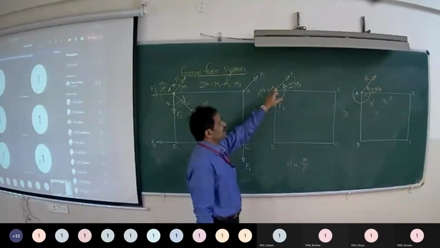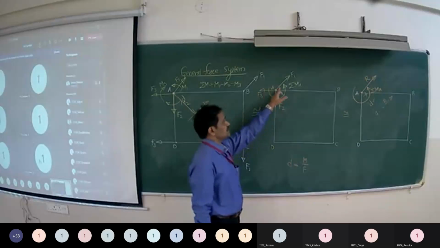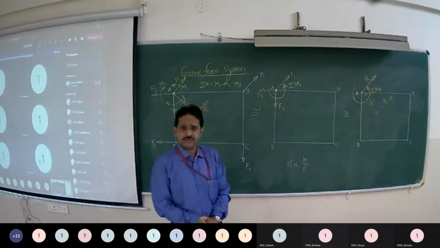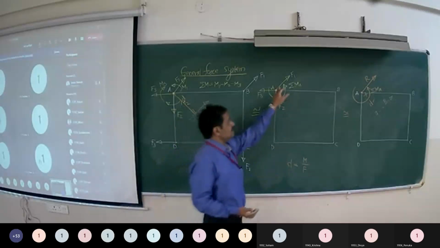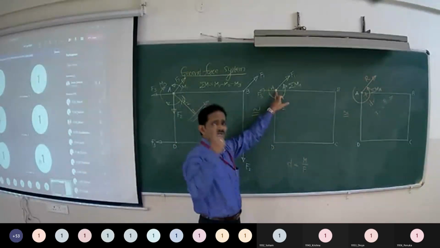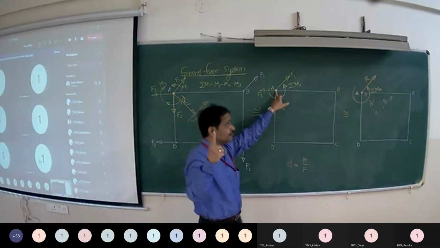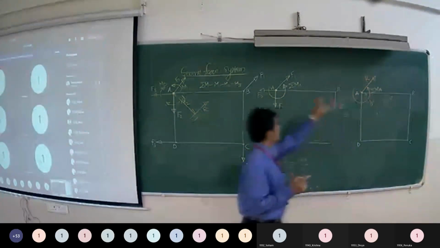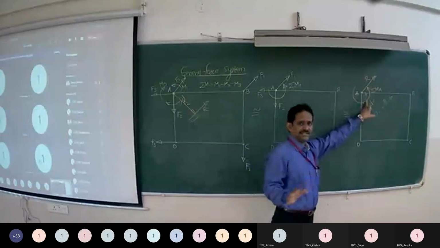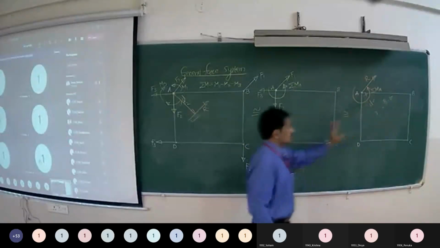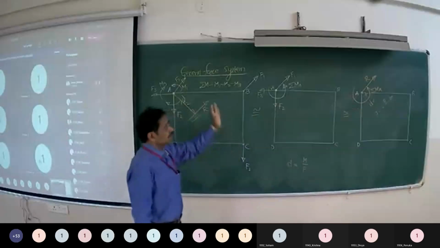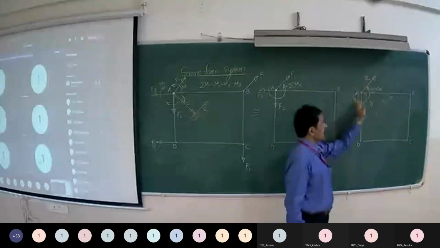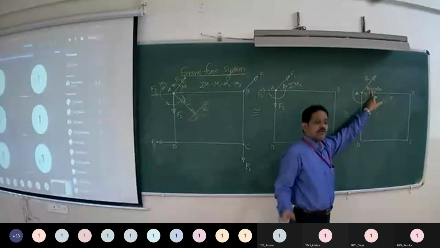Now, I am finding the resultant of these three concurrent forces. We have solved many examples on concurrent force system. I am replacing these three concurrent forces with only one force, that is the resultant force, say R, along with the moment. The moment is there already, right? So first we are converting into a simple system having one force and one moment.